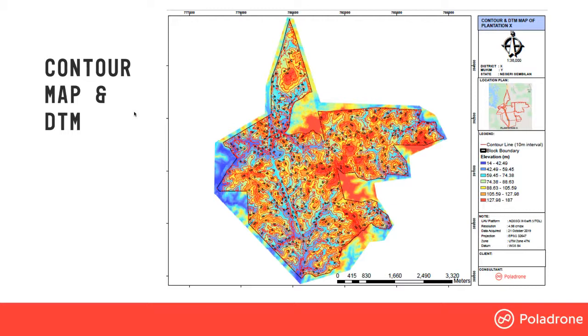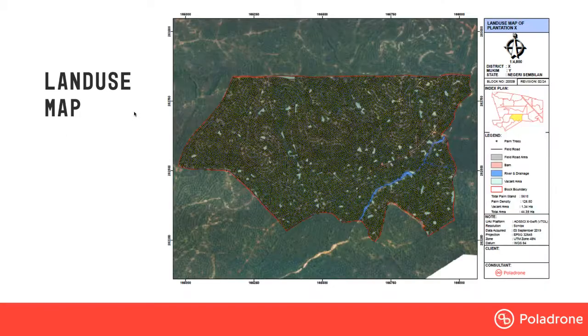So you have a combination of information, depending on your needs, what kind of information you want to look at, and what kind of analysis you want to see in your output. And then last but not least, we have the land use map.